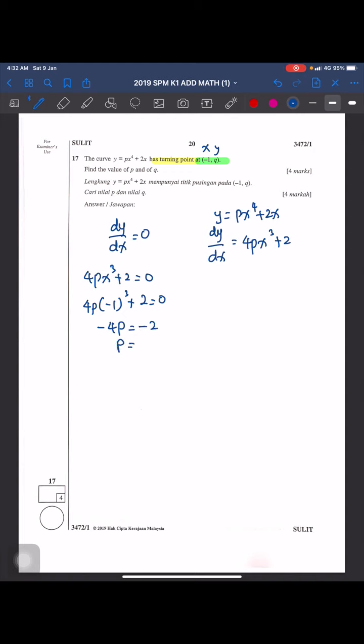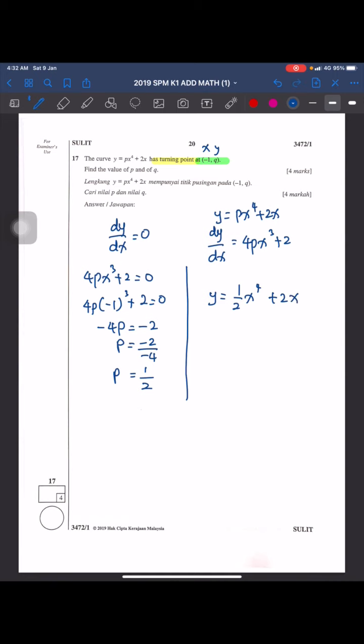P is equals to negative 2 over negative 4, 1 over 2. Kita substitute value ni ke dalam the original equation curve kita. So we will get y is equals to 1 over 2 x power of 4 plus 2x.